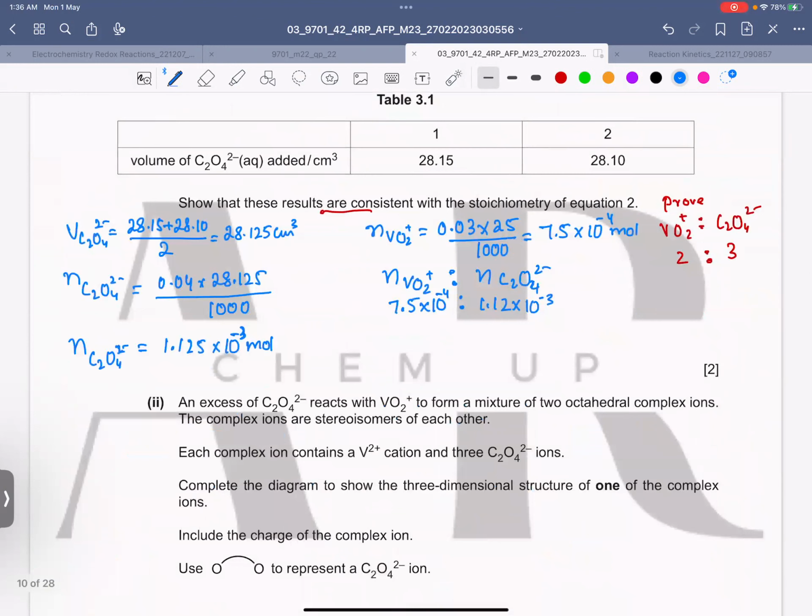Now, if this would be 2, then what would be the value of x? If x equals 3, then it is consistent. Can anybody find the value of x? 3. Yes, it's 3 exactly: 2 times 1.125 × 10^-3 divided by 7.5 × 10^-4.